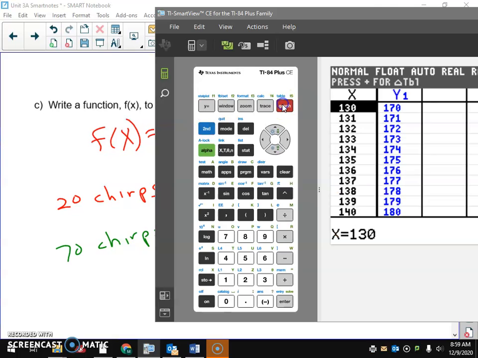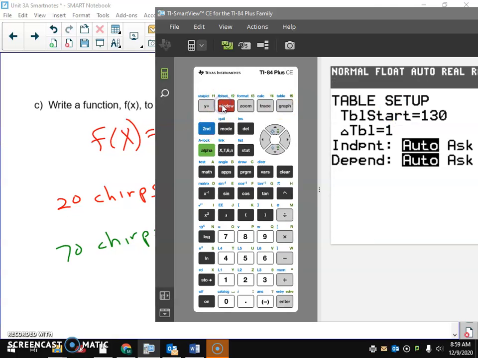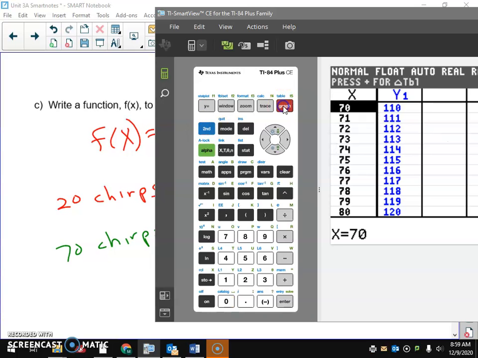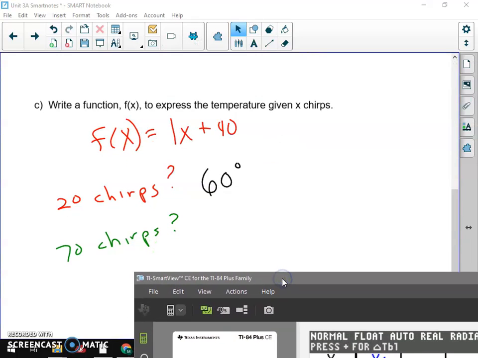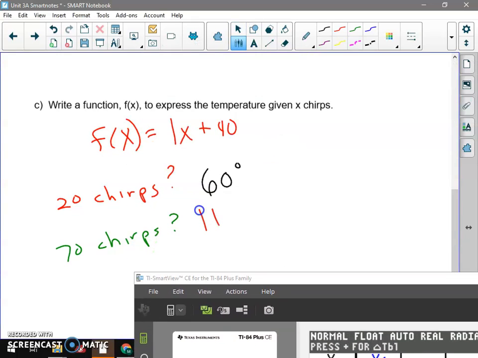I'm going to go to second graph, second window. I'm going to start at 70 because that's what I want. Second graph, 110 degrees. So maybe if it was down in Arizona, something like that. Probably not in Canandaigua.